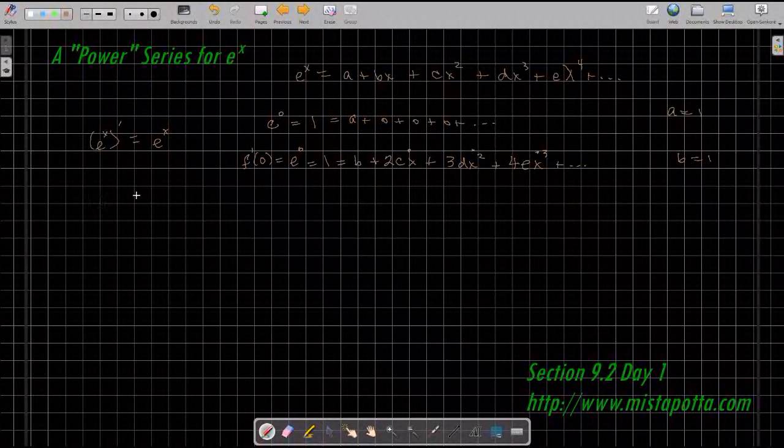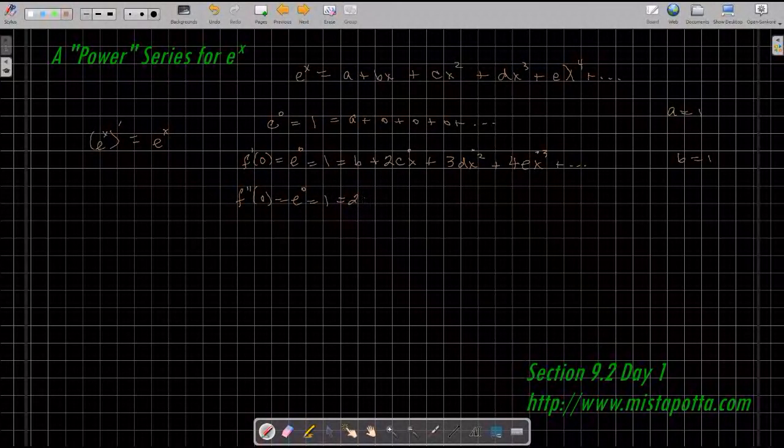And if I take a look at the second derivative at 0, that's also e to the 0, which is 1. But taking a look at the second derivative here, I'm really taking the derivative of these terms. That's a constant, so it goes away.